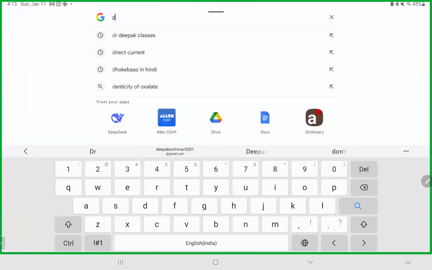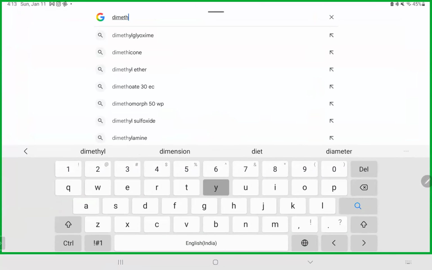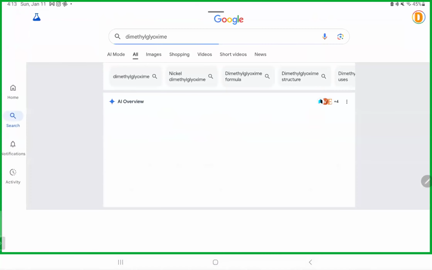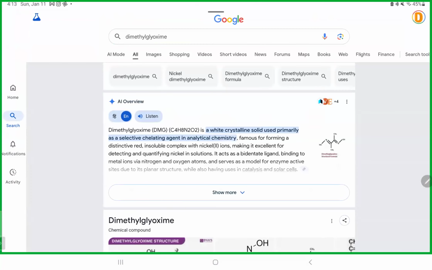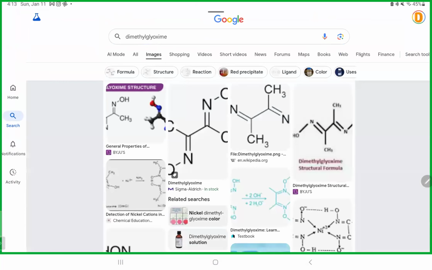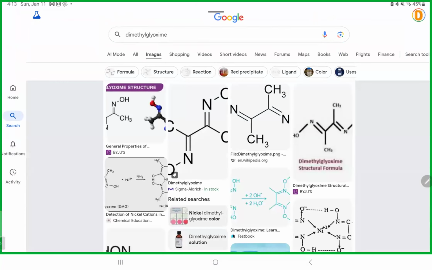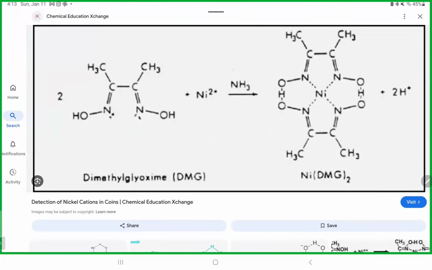Dimethyl glyoxime. Because you have two nitrogens, two methyl groups. Like OH is usually attached to carbon, but here you have nitrogen instead of carbon.